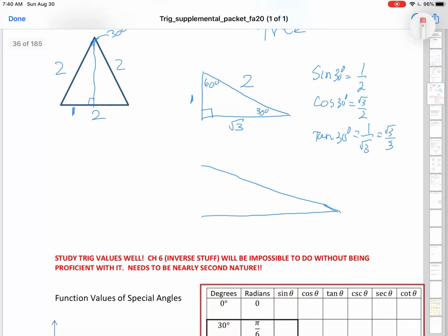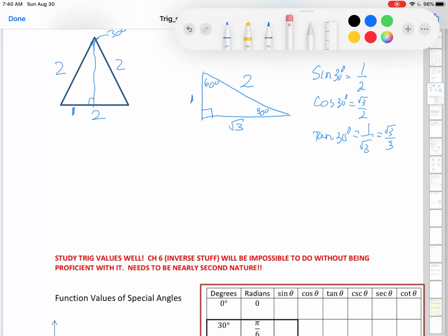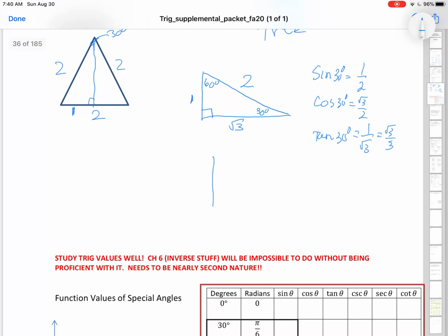The other one comes from these two sides being equal to one another. So this side and this side being exactly the same. And what you would have if that's the case is you'd have two 45 degree angles in there.